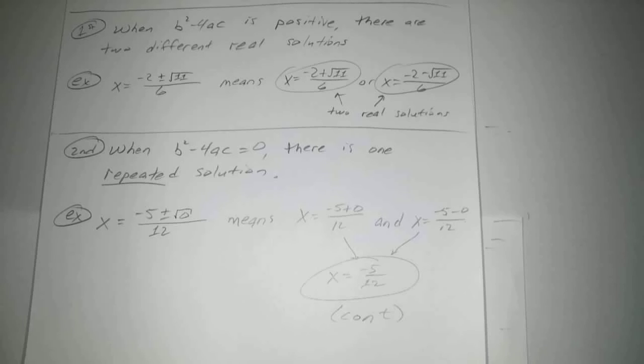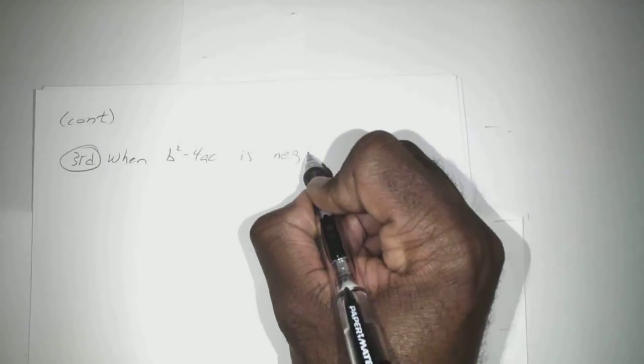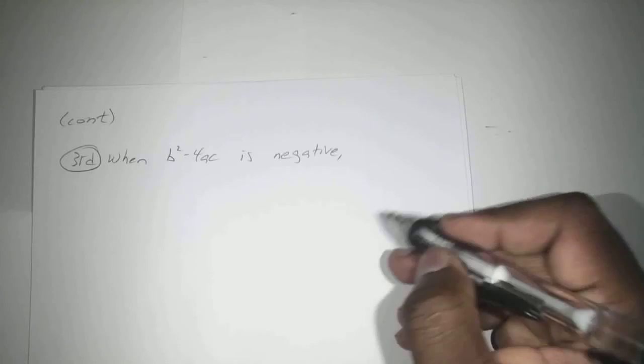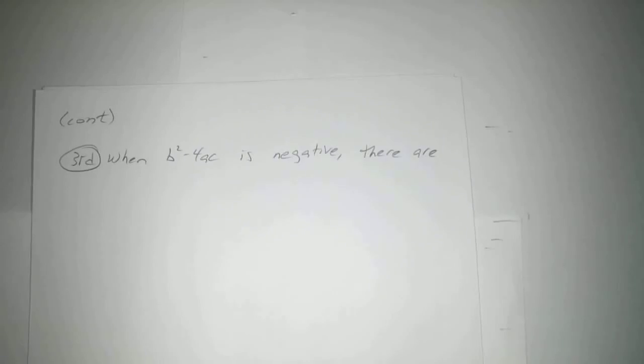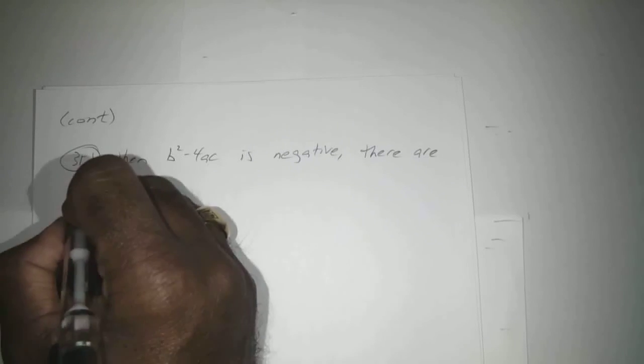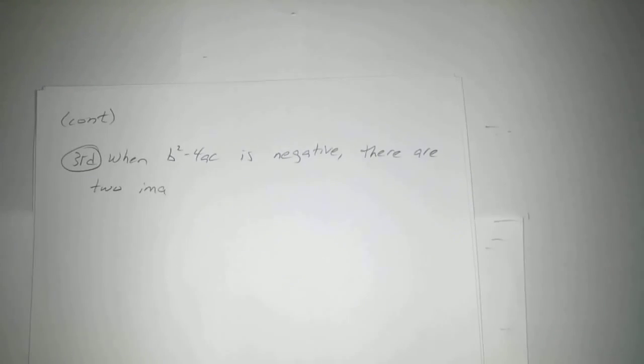Okay, so third is when your discriminant is a negative number. So when you know your discriminant is negative, you know that there are two complex solutions, or in some cases they may say imaginary.